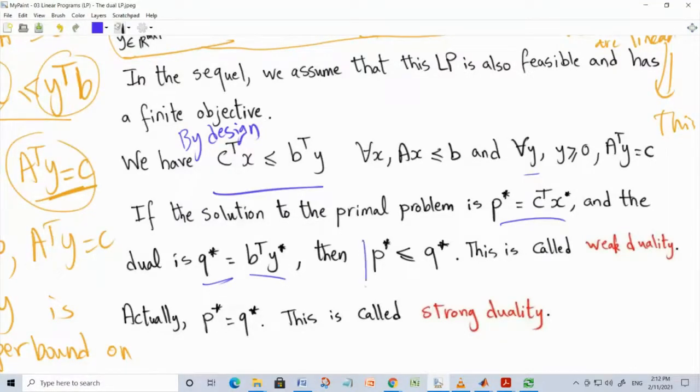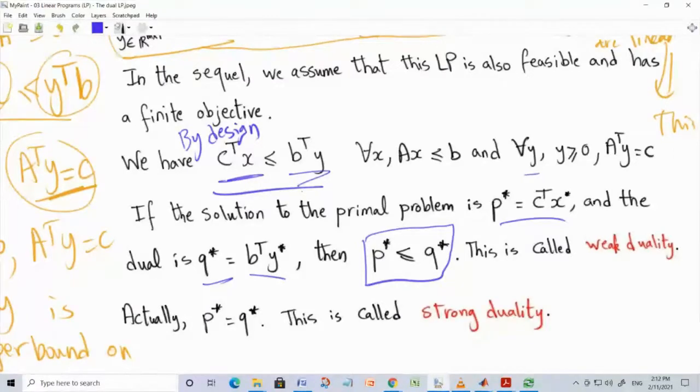Then by design we have this inequality, true for every feasible X and every feasible Y. So if you solve both linear programs, you are guaranteed that the objective of the primal program is less than or equal to the objective of the dual program. P star is less than or equal to Q star, and this result is called weak duality.